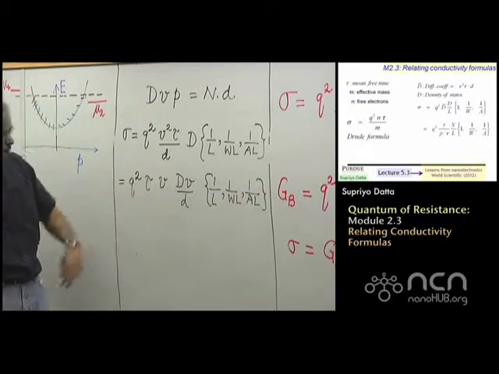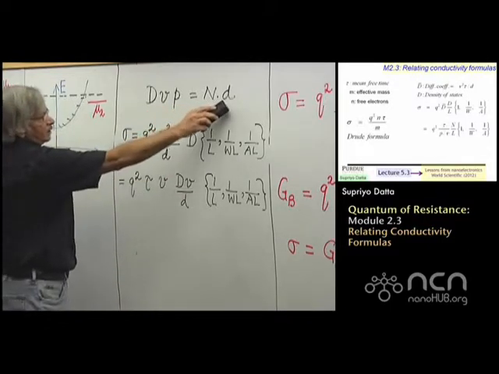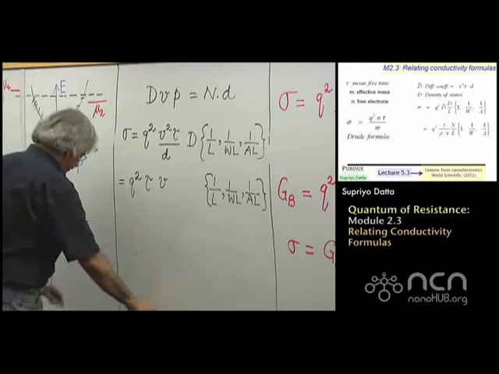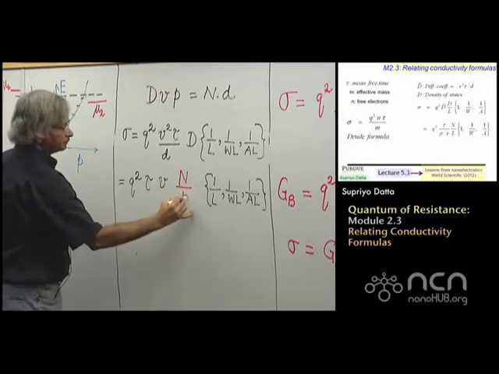And what I'm saying is we could replace that quantity, dV divided by the number of dimensions, with N divided by P. So I could write here N divided by P.